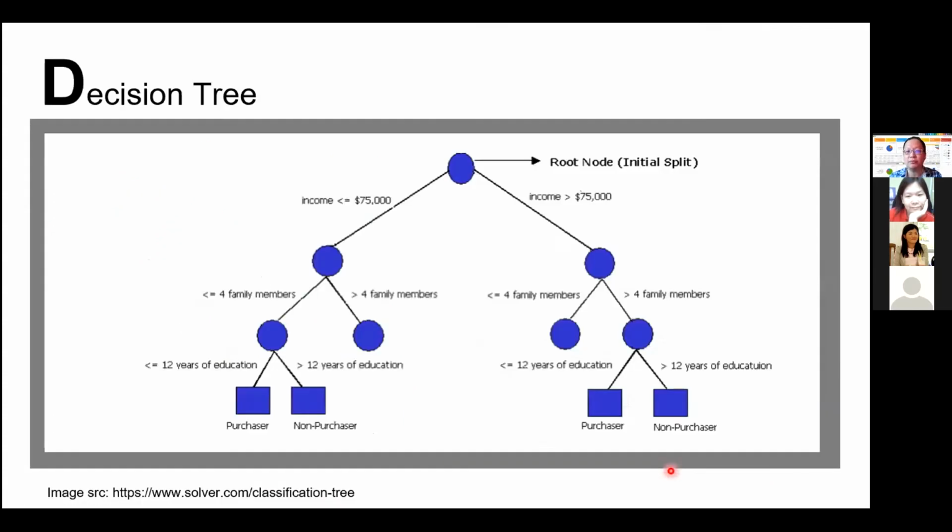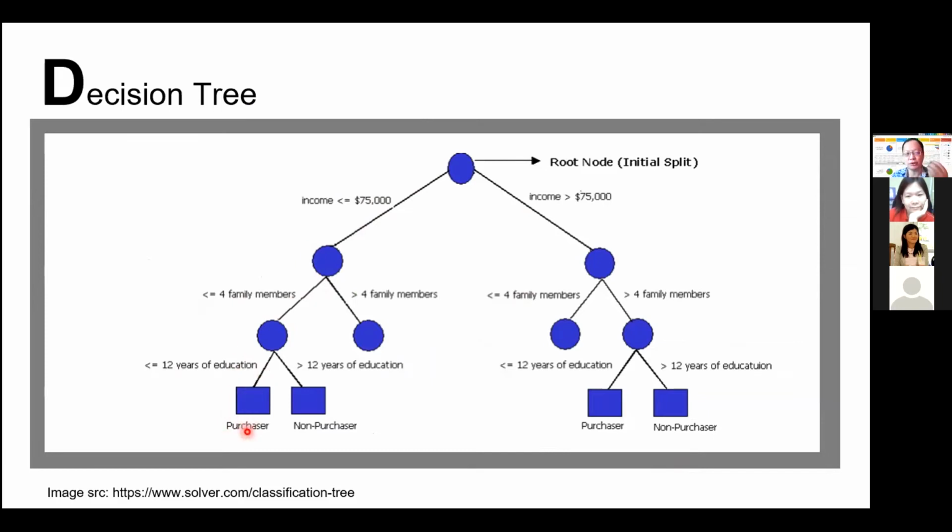An example of this algorithm is the decision tree. This model is created from the past data that has been collected. For example, this person has income less than 25,000, family members less than 4, education level less than 12 years. This person always purchases products from us.